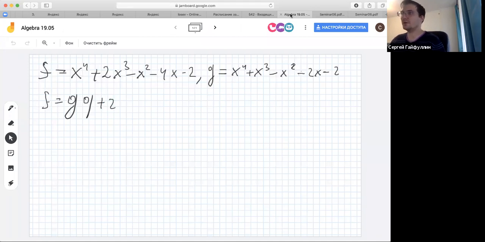The first remainder, so I will write R1. Let us do it. The leading term in f is x to the fourth, and the leading term in g is the same. So of course q would be equal to 1, and r is just f minus g.